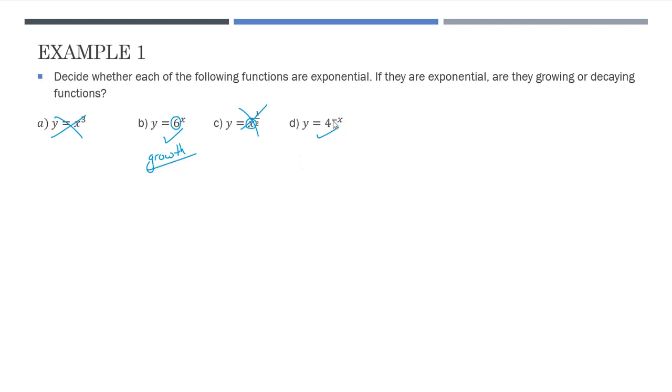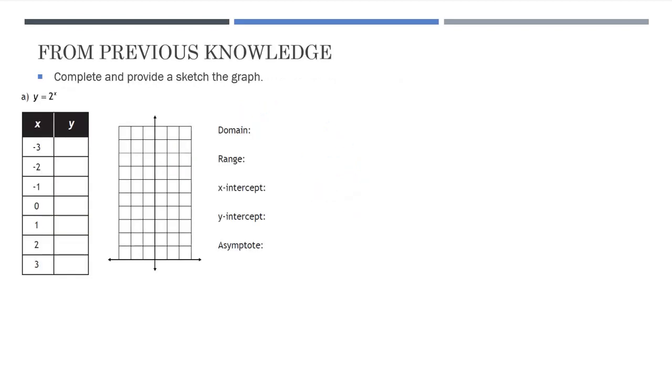When we have this negative, that means we need to reciprocate the base. So this is really 1/4 to the power of x. And now it's more obvious whether this is growing or decaying. 1/4 is definitely less than 1, so we have some kind of decay happening here. Our next question: from previous knowledge, complete and provide a sketch of the graph.